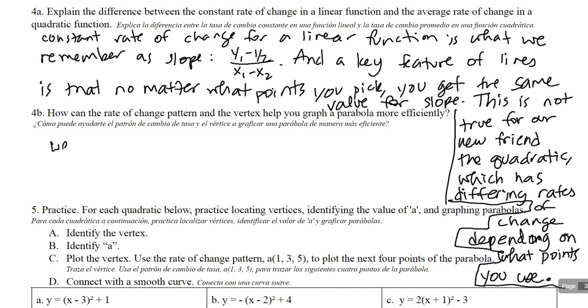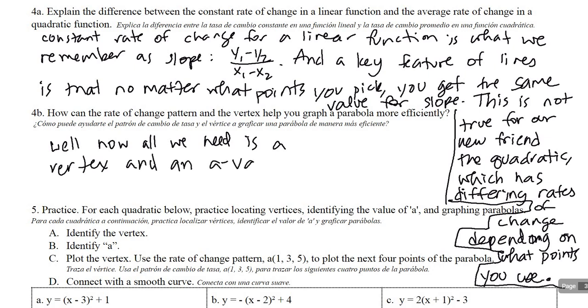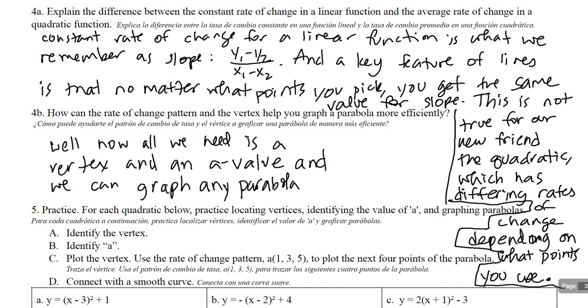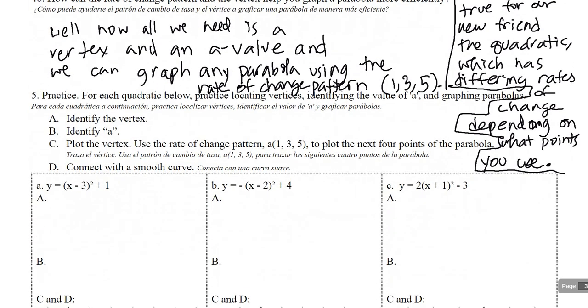Well, now all we need is a vertex and an a value, and we can graph any parabola using the rate of change pattern, which we will often refer to as 1, 3, 5, period. Let's do some practice.